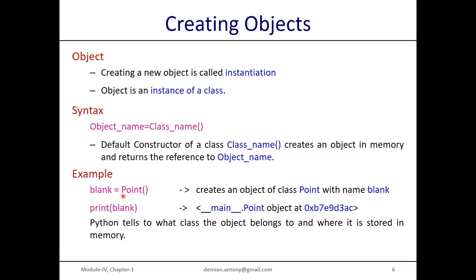And if you print this blank, we will get the information related to the object called blank, as it is derived from the class called point, and __main__.point is the full name of that class point, and the memory allocated to this object blank is at 0x b7 etc. So 0x refers to hexadecimal address notation.